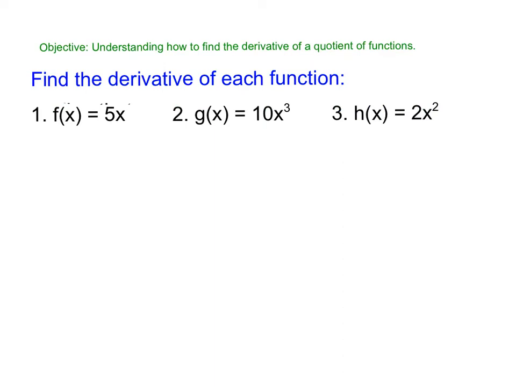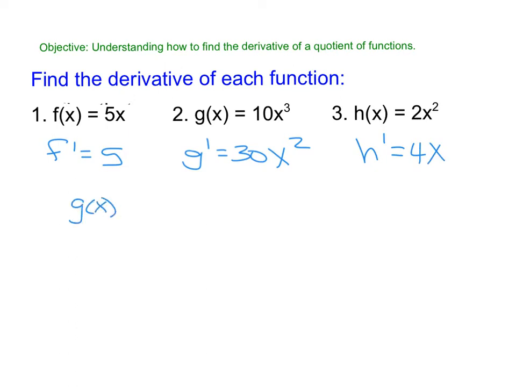Okay, so similar to the earlier lesson, I keep saying yesterday, it wasn't actually yesterday, it was earlier. I want you to find the derivative of each of these. So f prime is 5, g prime is 30x squared, and h prime is 4x. Now if we take g over f, that gives me 10x cubed over 5x, which is 2x squared.